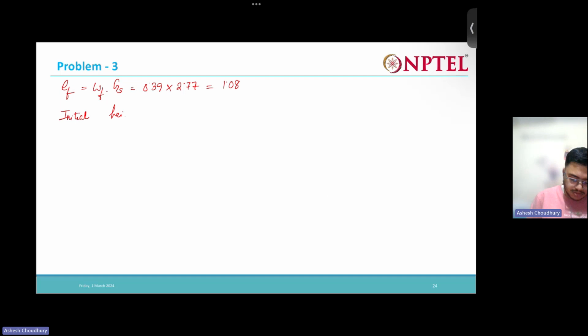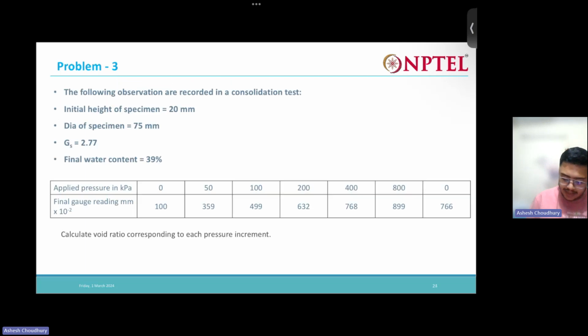Now the initial height of the specimen is given as 20 mm. Now what is the final height? How to calculate the final height? See how to calculate it. At zero pressure initially, the reading of the dial gauge is 100, and at the end of the test, again at zero pressure, the reading of the dial gauge is 766. So from beginning to end, how much height change is happening? The dial gauge constant is given as 10 to the power minus 2 mm, right?